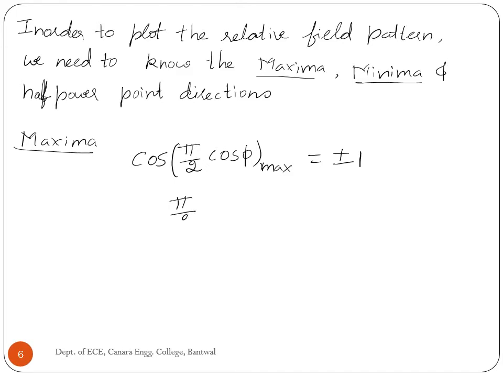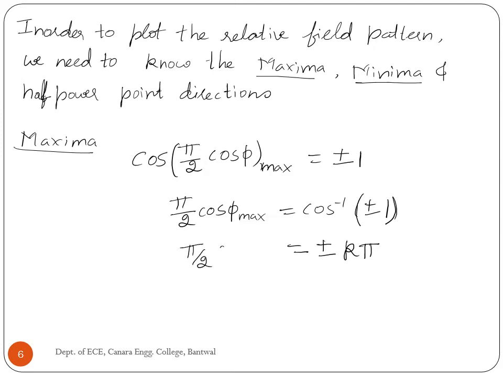Therefore pi by 2 cos phi maximum is equal to cos inverse of plus or minus 1, which is equal to plus or minus k pi.